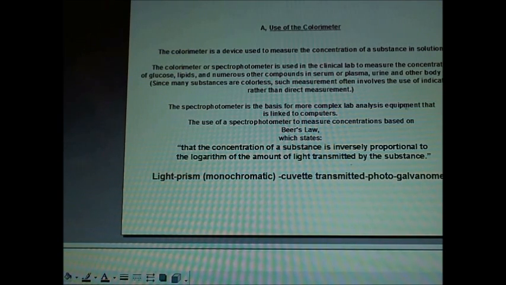For instance, if the known standard had an absorbance of 0.5, or a transmittance of 50, meaning 50% of the light has gotten through, and your standard at 100 had a transmittance of 50, and you put your unknown in there and it came out with a transmittance of 51, you're going to know pretty close that your unknown has a glucose concentration of 100. By making a curve using serial dilutions, you can go up and down from there.